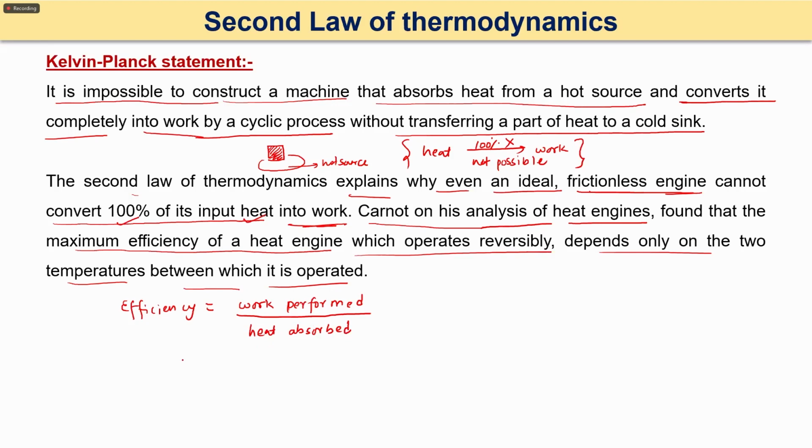Efficiency is denoted by eta, and it is equal to, let's say QH amount of heat was absorbed, and the work performed was QH minus QC. So what will it become?